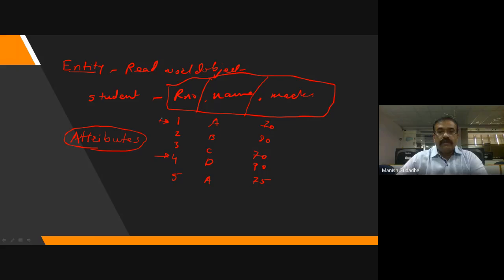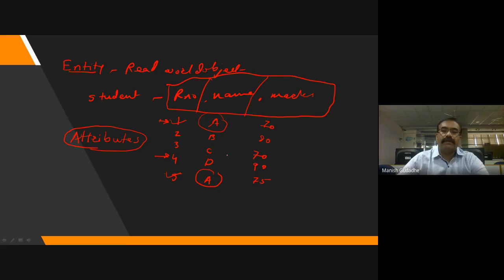So one student can be distinguishable from the other student using its property. The prime property here is roll number, because roll number will be different for every student. That we are sure of it. Even though the students have the same name, we are going to have two different roll numbers. In case every student has a distinct name, then even if we skip roll number, there is no problem.